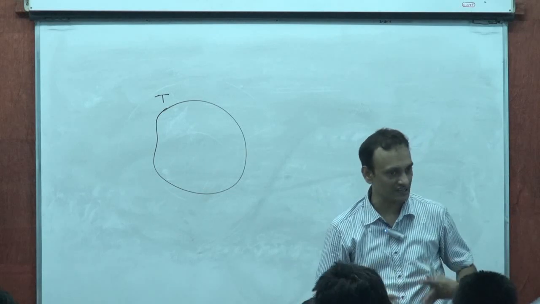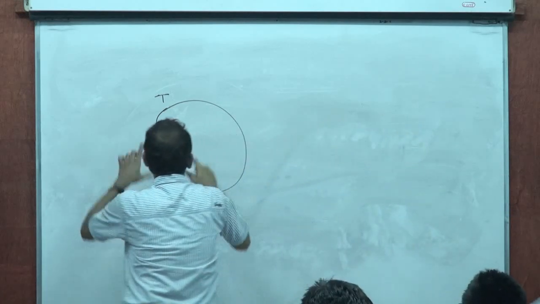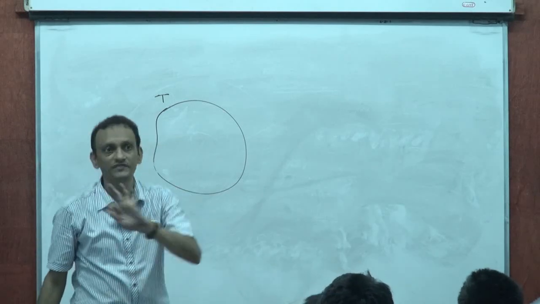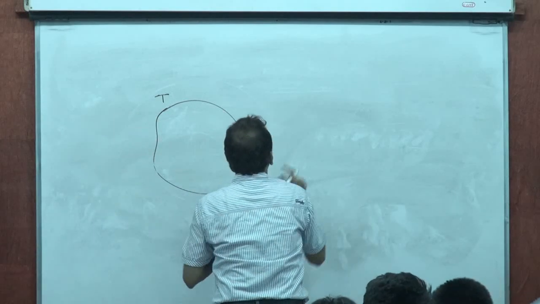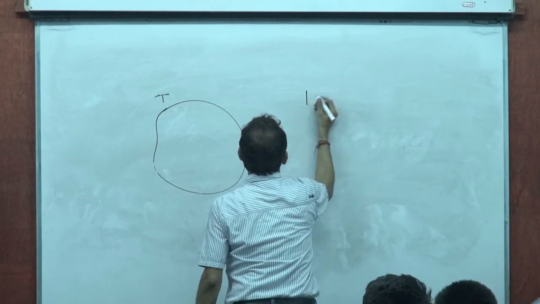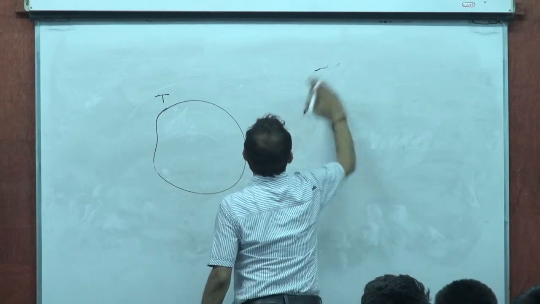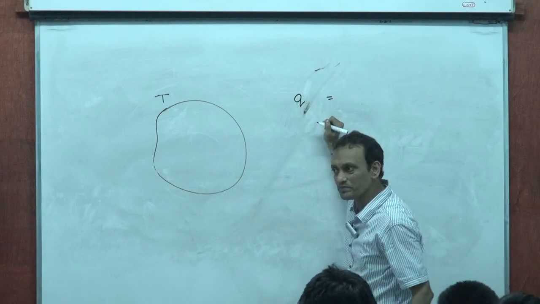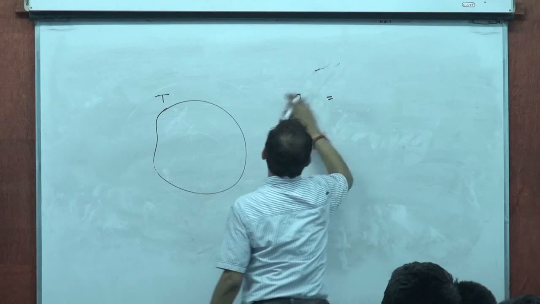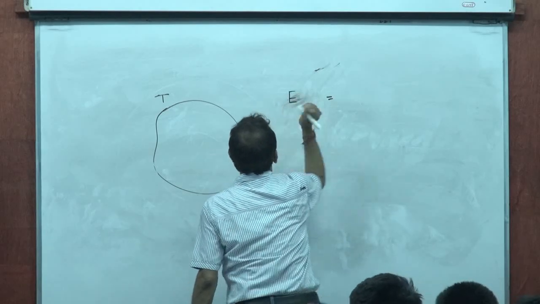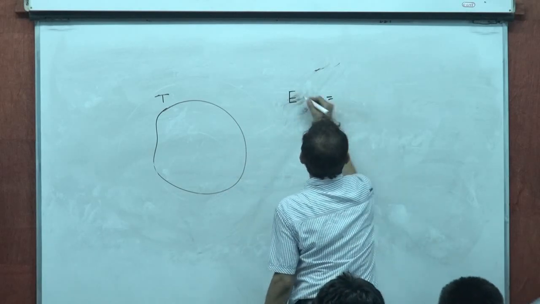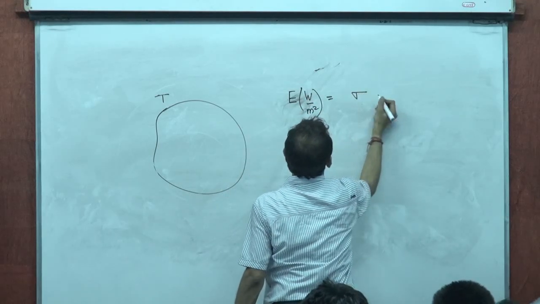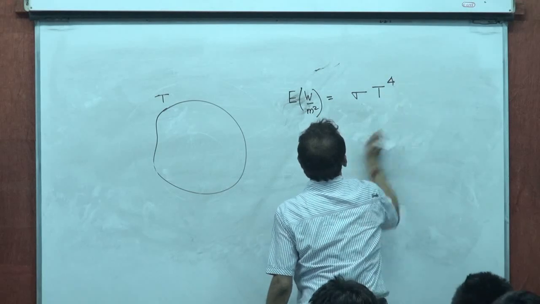If there is this surface at temperature T, then it's an ideal surface if the Q, that is the watts per meter squared that it radiates, we'll call it E, is some constant sigma into the fourth power of the temperature.